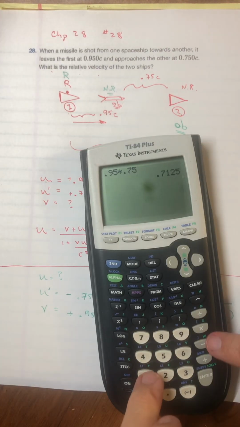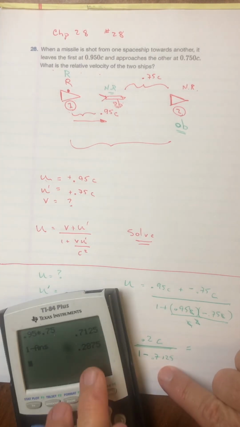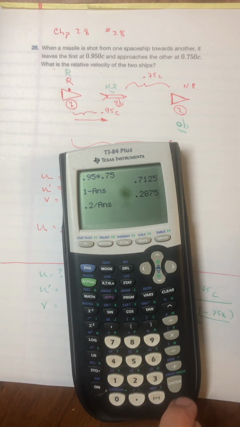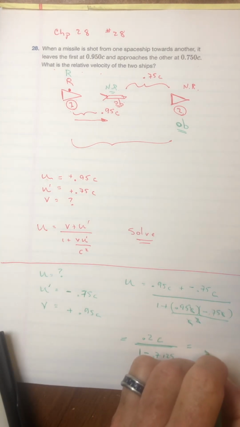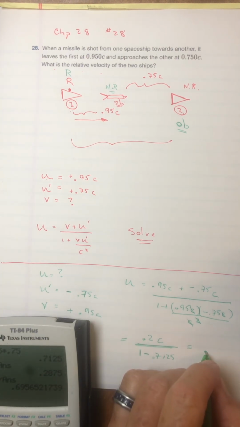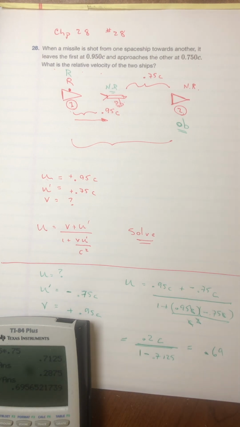And so let me go 1 minus that last answer. So down in the bottom would be 0.2875. So we've got 0.2 in the numerator divided by this 0.2875, and I get a speed of 0.69. What is the relative speed?